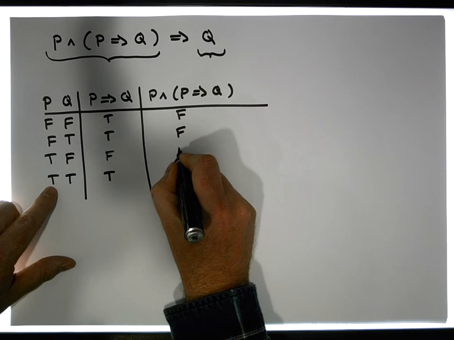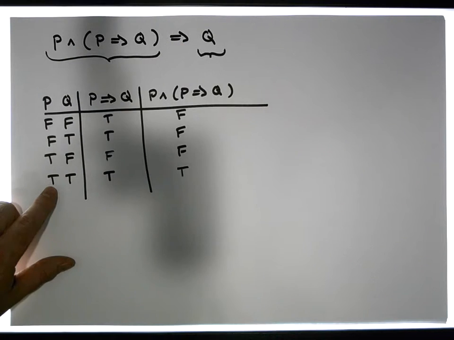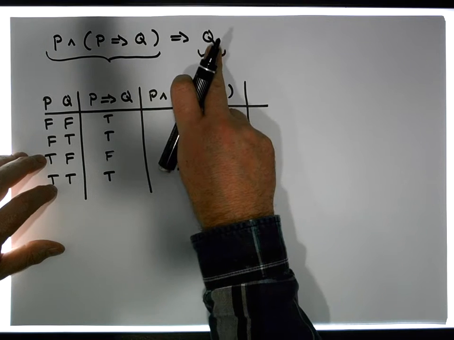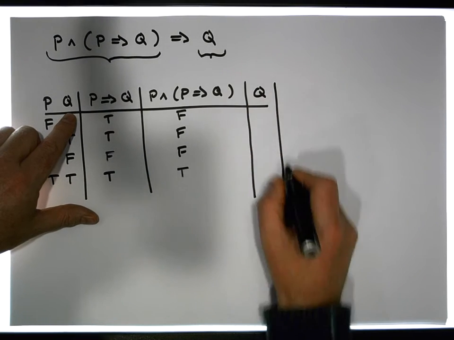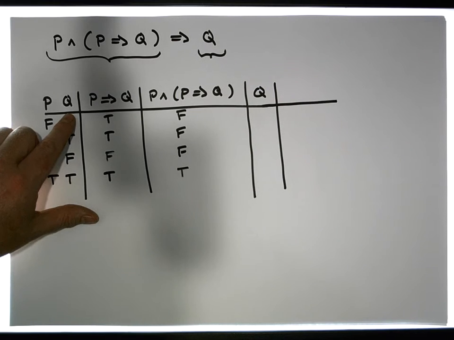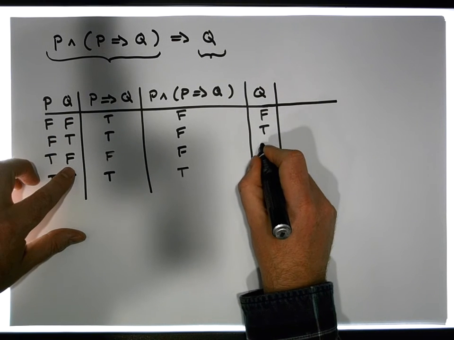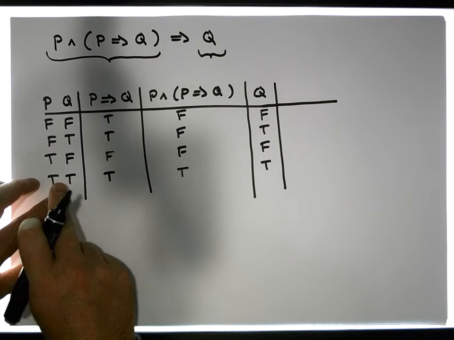So we've just evaluated the premise for this particular implication. Then we need to build the implication. We've already evaluated the Q, but I'm going to put the Q column down here again because it's a little more logical in relation to the ordering. The Q's in this case are false, true, false, true, as listed in the Q column.